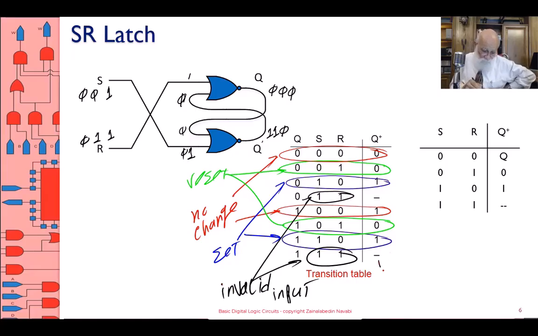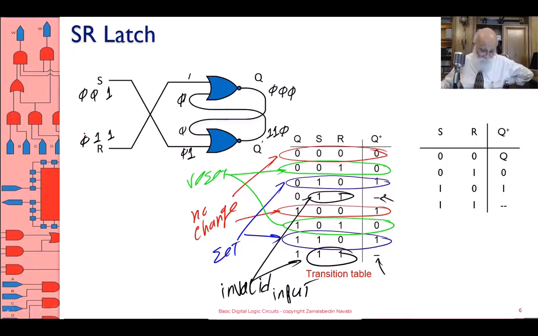And therefore I put a dash. I'm changing this transition table to a much simpler table, which is the table on the right-hand side. There is really not that much difference between the right-hand side and the left-hand side.